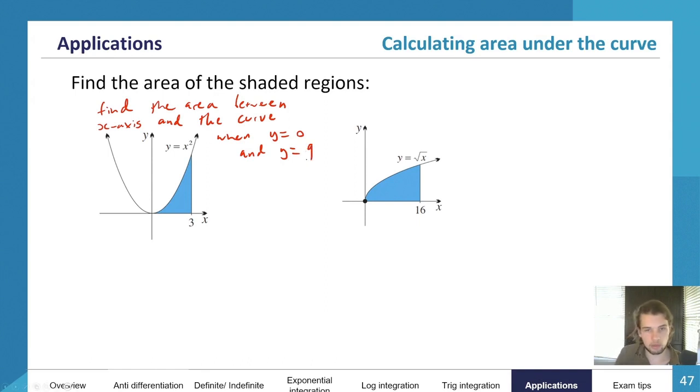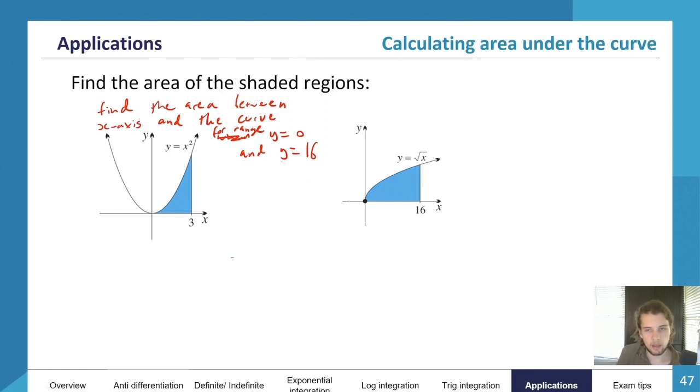Oh, that's too similar to our current question. Let's say 16. So if it told us this, find the area between the x-axis and the curve for the range y is equal to 16 and y is equal to 0.